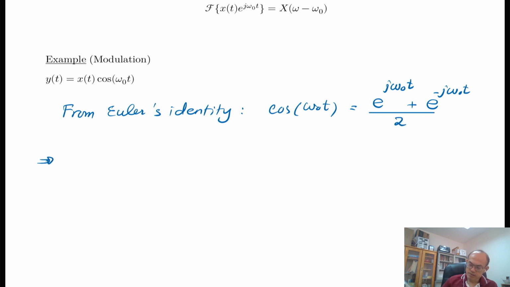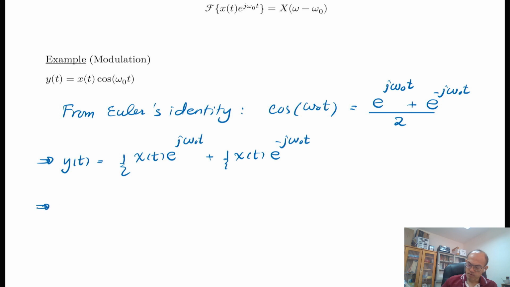So it means that we can write y as 1/2 x of t e to the j omega 0 t plus 1/2 x of t e to the minus j omega 0 t.